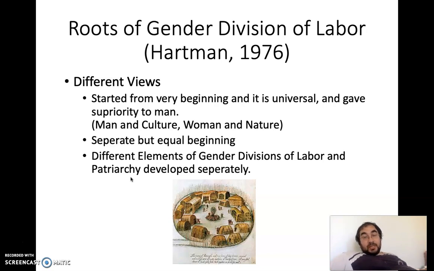So at early stages, there is not necessarily a direct relation between those two. Hartman pretty much takes the second argument, I believe.